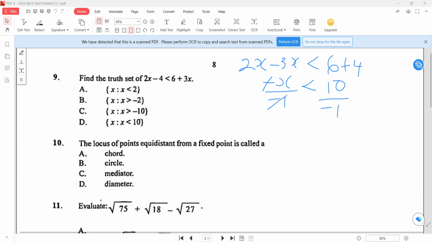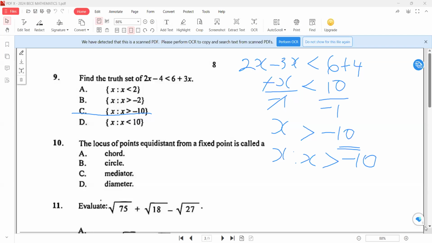The rules of inequality say that if we divide through by a negative number, the sign must change. So x should be greater than 10 over negative 1, which becomes negative 10. Once the truth set, x should be such that x is greater than negative 10. And that is option C.